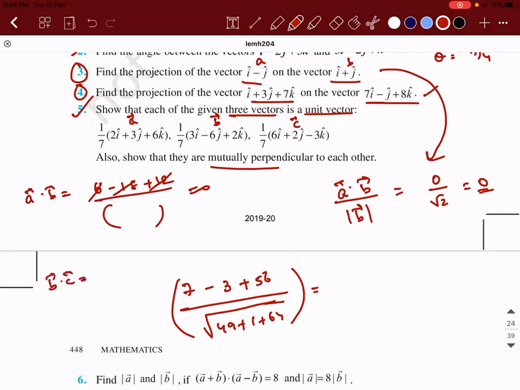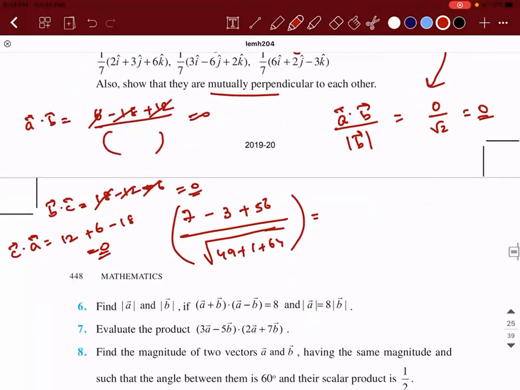B vector dot C vector, how much is it? 18 minus 12 minus 6. This will be 0. C vector dot A vector: 12 plus 6 minus 18. This is also 0. Right.